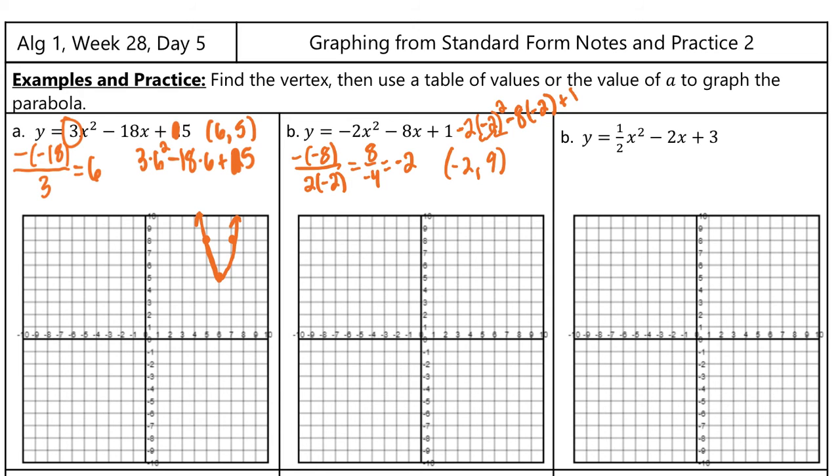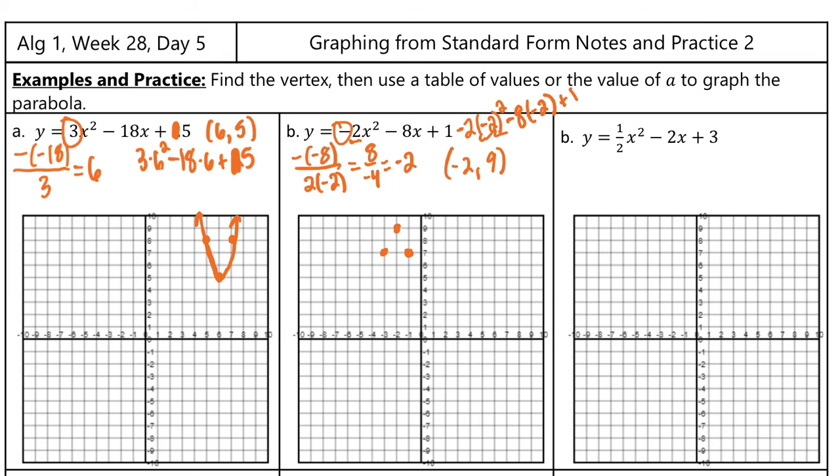So negative 2 comma 9, which is way up here, but fortunately it's reflected across the x-axis, so it's going to go down instead of up. And it's a 2, so it's going to go down twice as fast as normal. So out 1 and down 2, out 2, and instead of down 4, it'll be down 8.